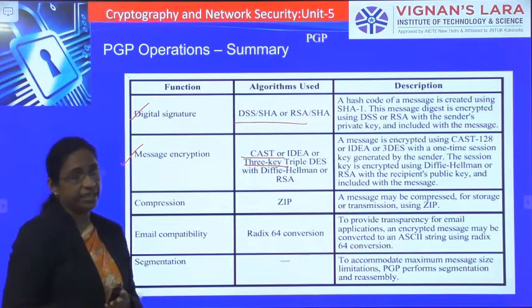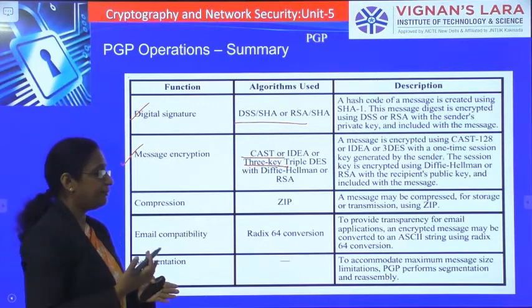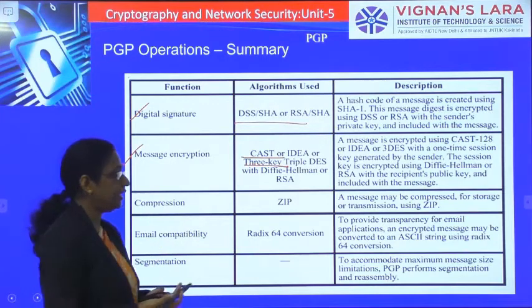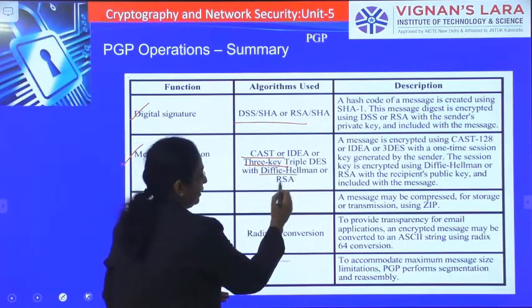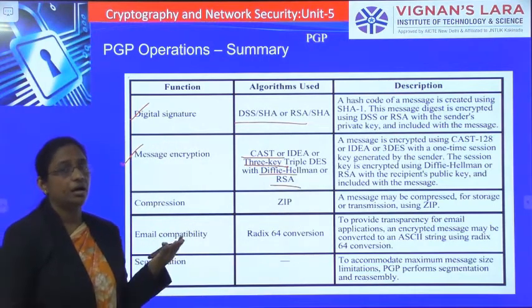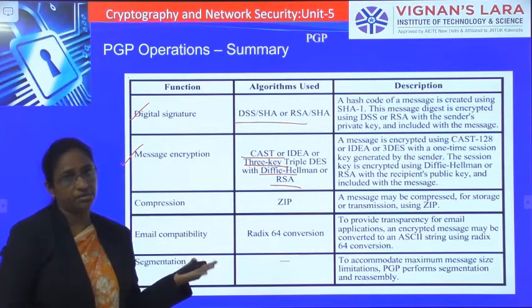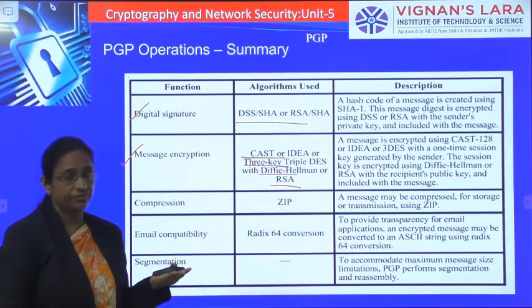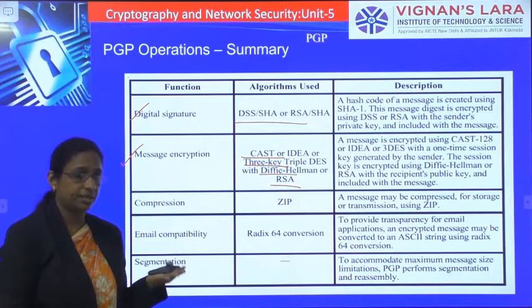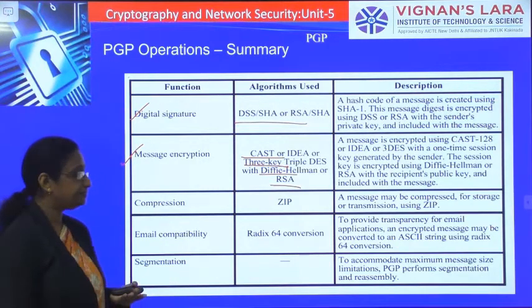Since these are symmetric ciphers, the key has to be shared with the receiver also. For secretly sharing the key, the algorithms used are Diffie-Hellman and RSA. Diffie-Hellman and RSA are the key exchange algorithms, and CAST, IDEA and triple DES are your encryption algorithms for encrypting the message.